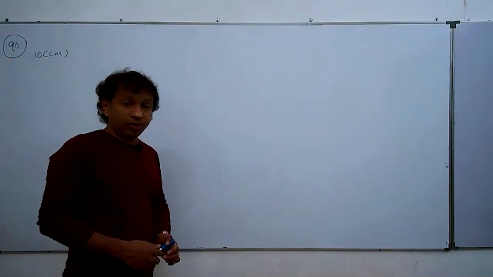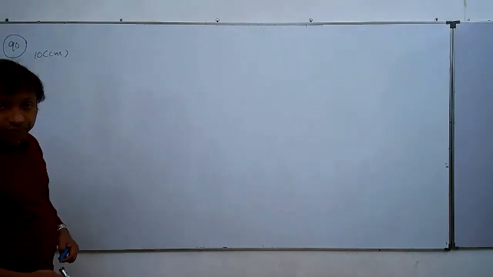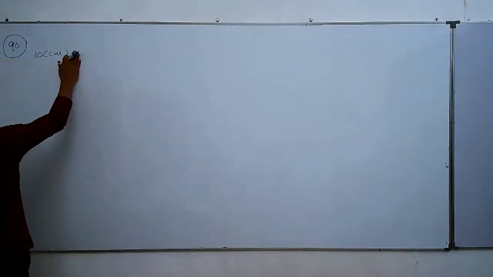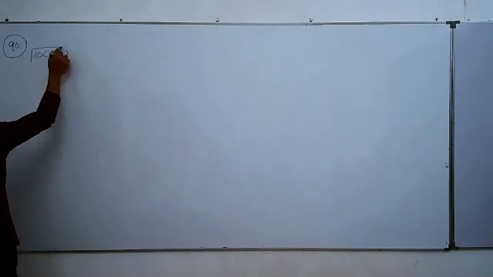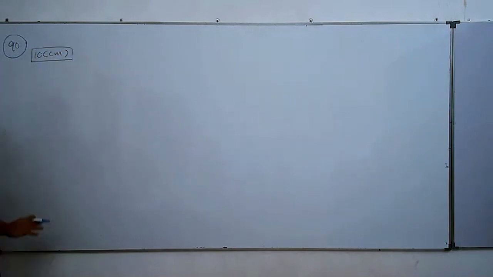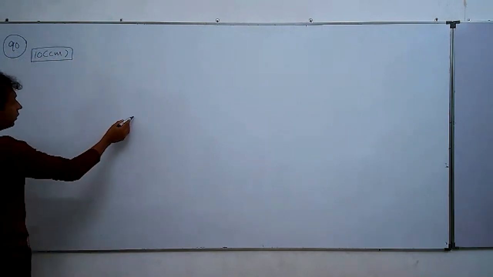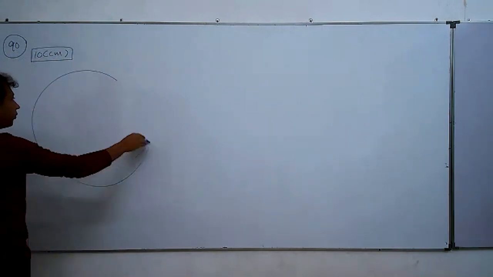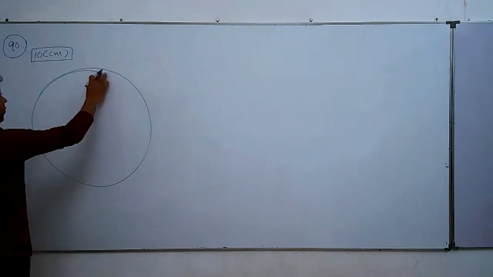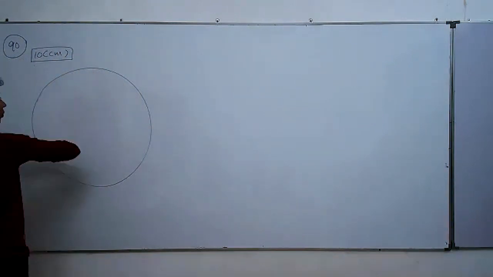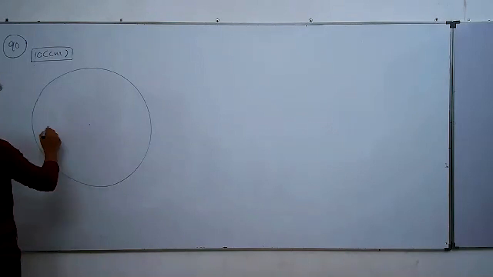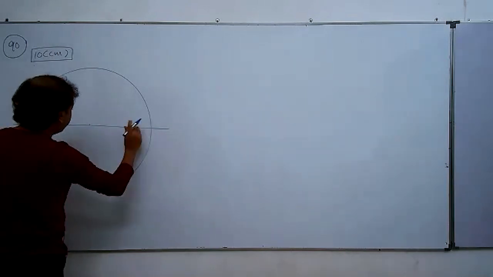I can, of course, very easily illustrate this one. Suppose the hypotenuse is 10 centimeters. Then I first draw a circle with radius 10 centimeters. Like this.